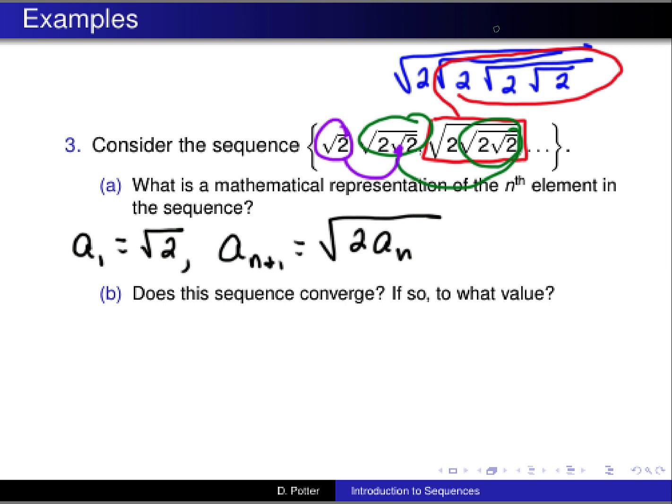So I know that there's some increasing business here, right? So if I kind of think about it this way, that square root of 2a sub n looks like, now it might not be, we'd have to do some algebra, but it looks like this is bigger than the previous one.